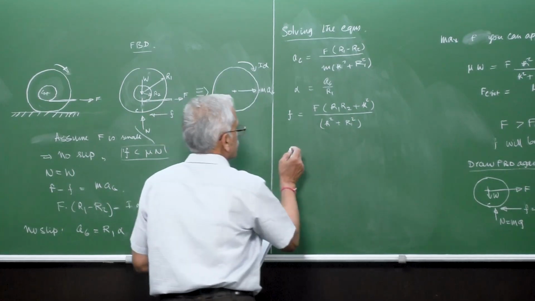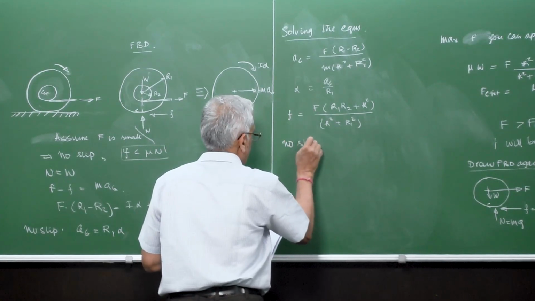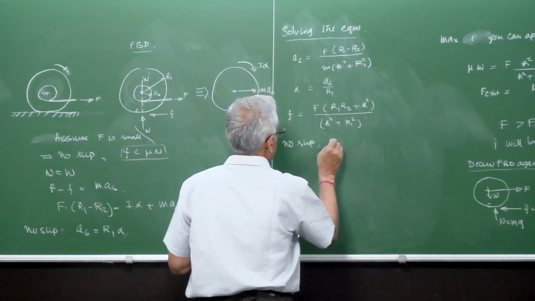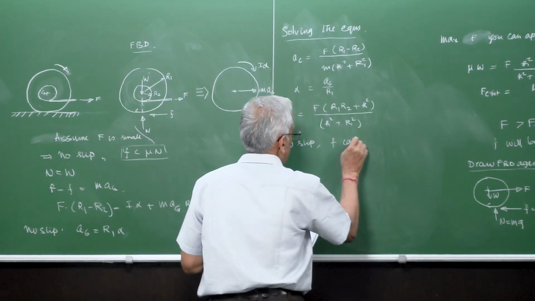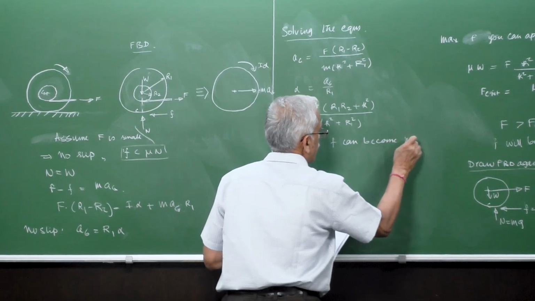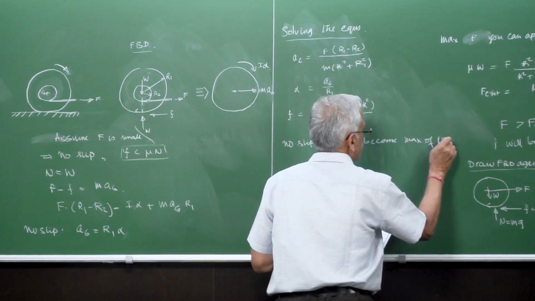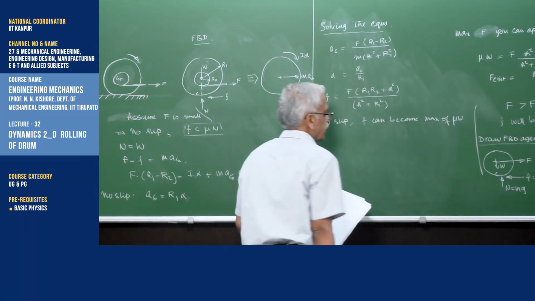Okay, so while there is no slip, for no slip, F can become a maximum of mu times W or mu mg.